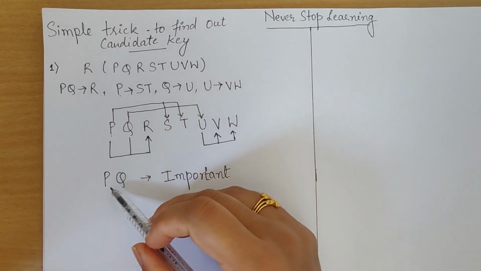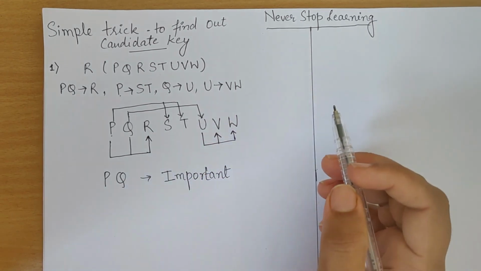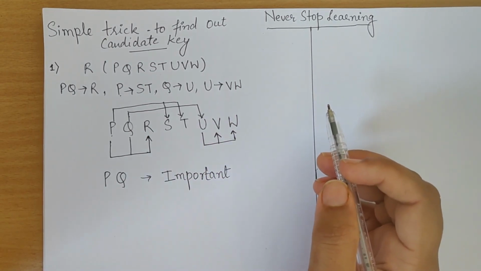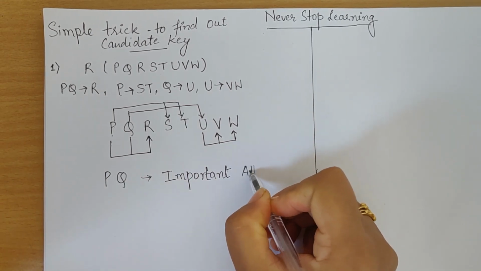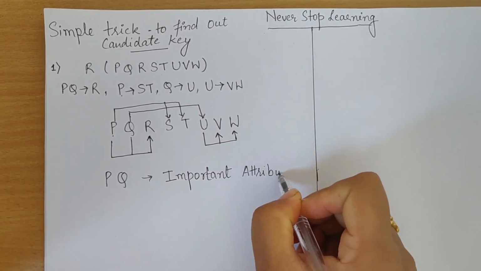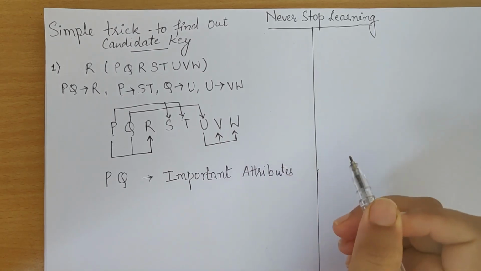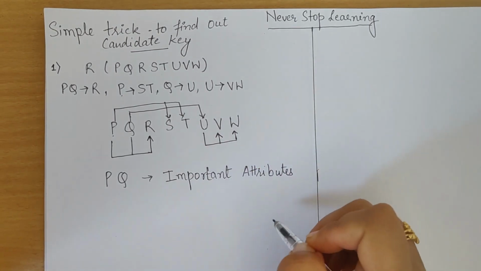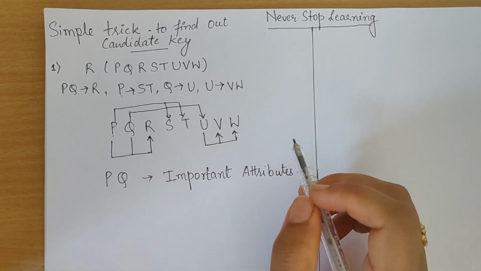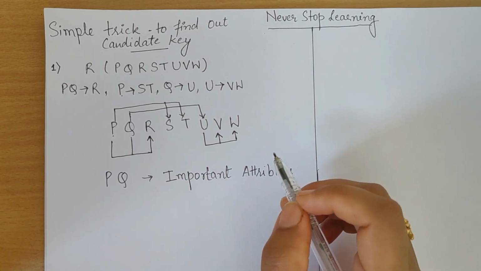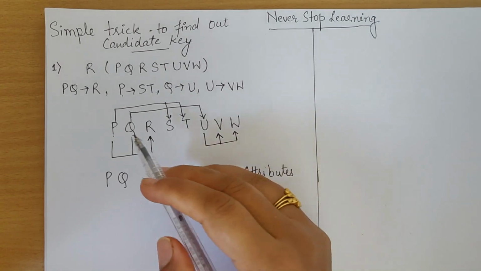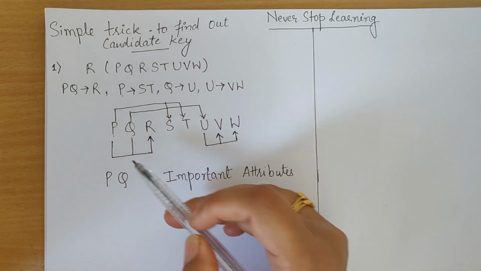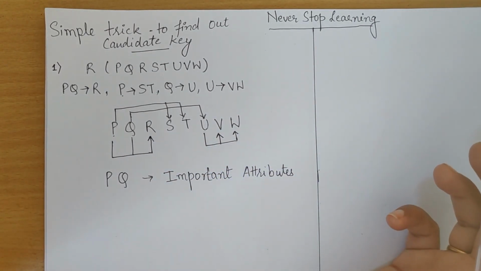But here P and Q are always on the determinant side, and the determinant side means they are the important attributes. Important attributes means as soon as I start the table, I should have these attributes. Otherwise, I will not be able to find other attributes. They are the determinants who are always finding other attributes.